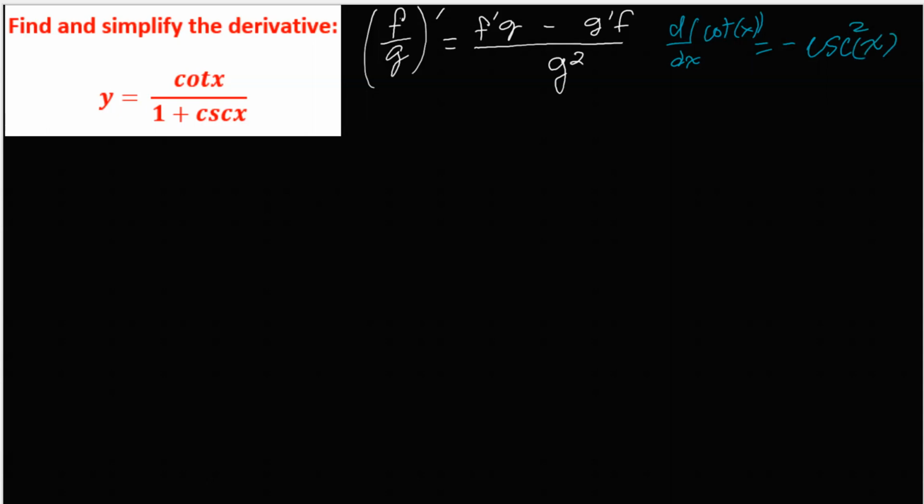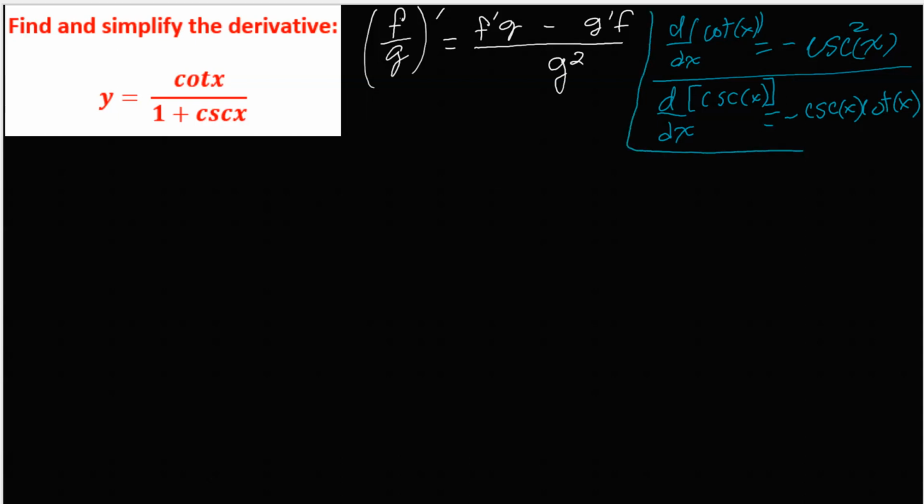And then we have the derivative of cosecant of x, which is negative cosecant of x cotangent of x. Okay, so those are the derivatives that we need to know.